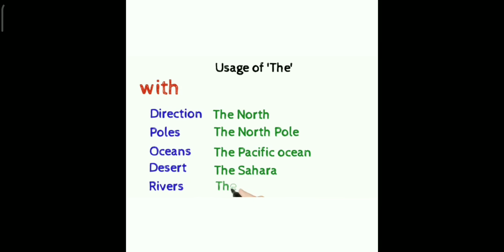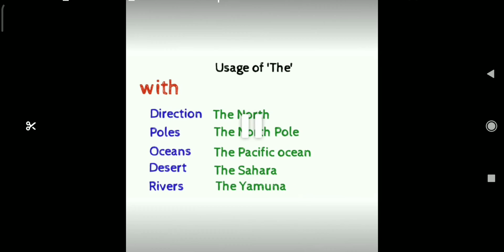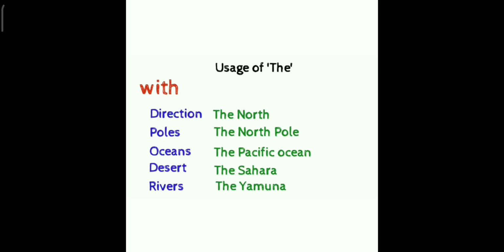Similarly, when we are talking about deserts or rivers, then also we use the in front of the name of the desert or the name of the river. For example, the Sahara, the Yamuna, the Ganga, because we know which river we are talking about, we know which desert we are talking about. They are specific, they are unique in themselves, so we use the in front of it.